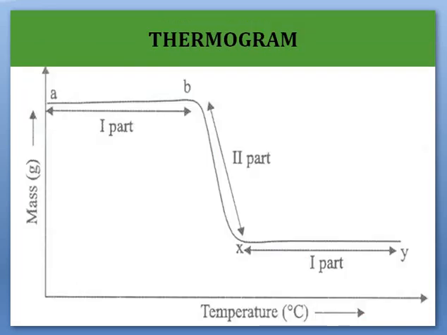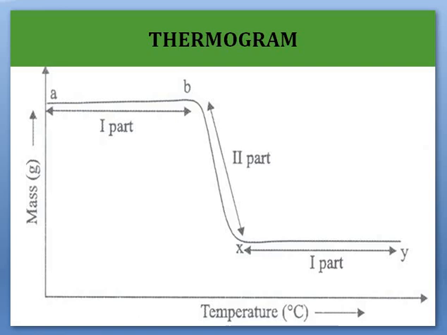This is the thermogram obtained from thermogravimetric analysis. You can see it consists of two regions. The first region is the horizontal region. That region indicates the thermal stability of the sample, and this region is known as the plateau region.